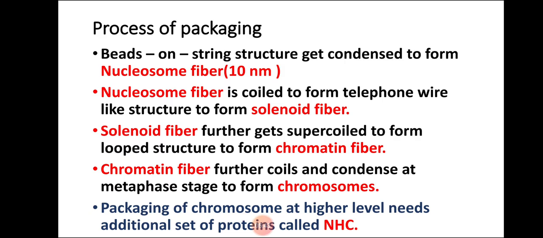The chromatin fiber further coils and condenses at the metaphase stage to form chromosomes. So in this way packaging is done in eukaryotic organisms. I repeat, beads on string structure condenses into nucleosome fiber, then solenoid fiber, then chromatin fiber, and chromatin fiber condenses into chromosomes.